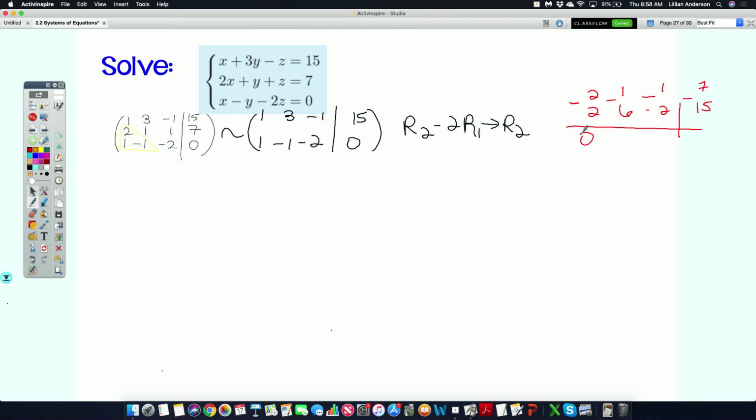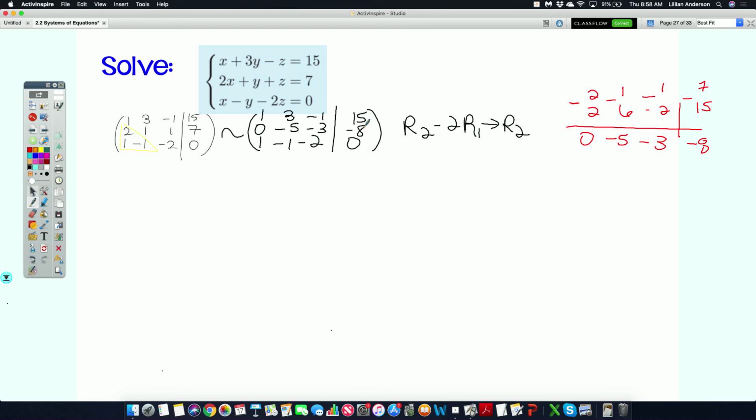That's going to give me 0, negative 5, negative 3, and then negative 8 for my second row. Okay? So I don't alter my third row at all.